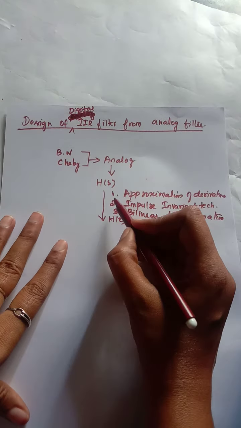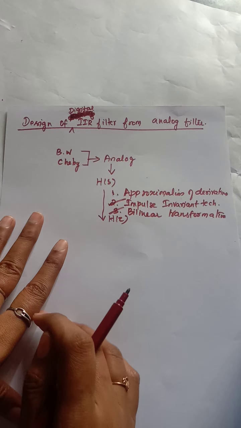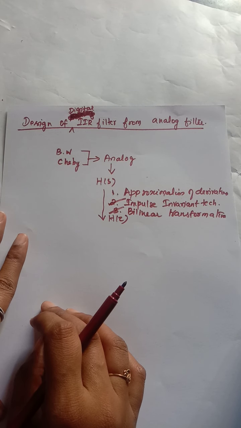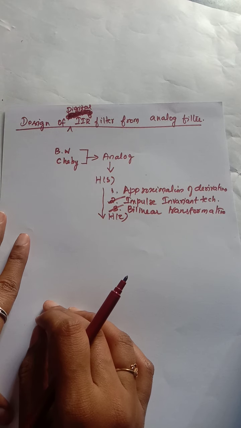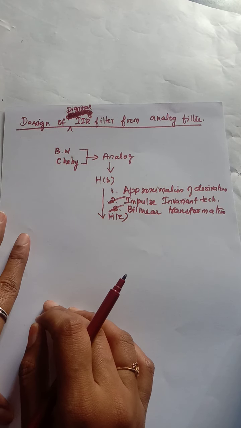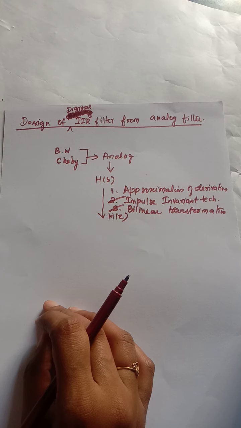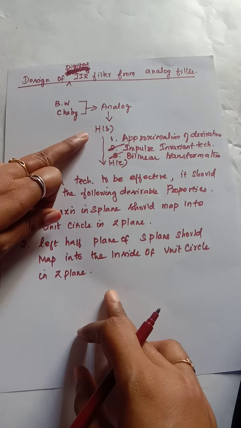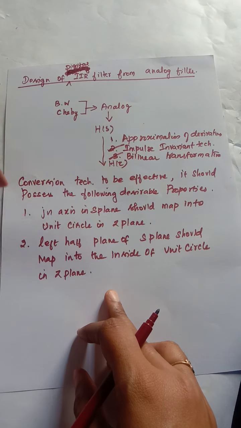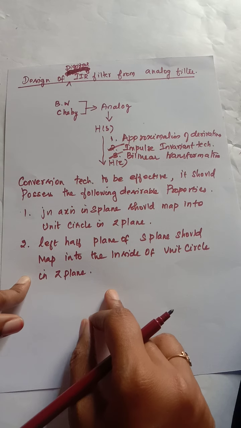Now we are going to discuss only two of these techniques, the impulse invariant technique and the bilinear transformation. First we will see what the impulse invariant technique is. If you want this transformation from an analog to a digital filter, it should possess the following two properties.